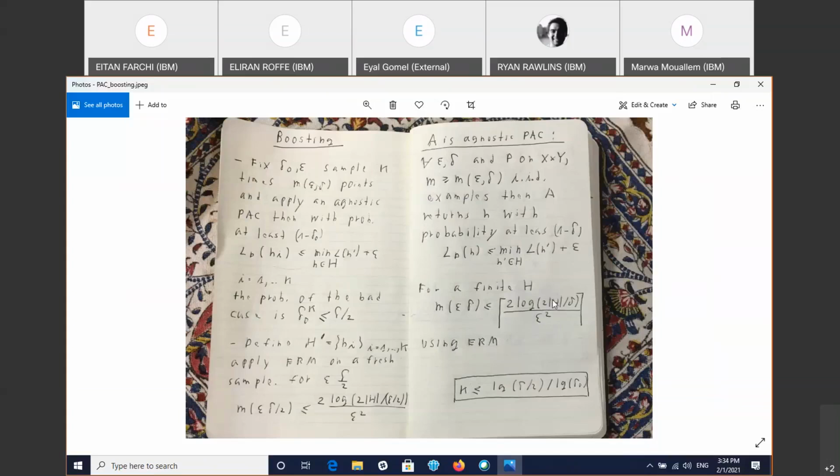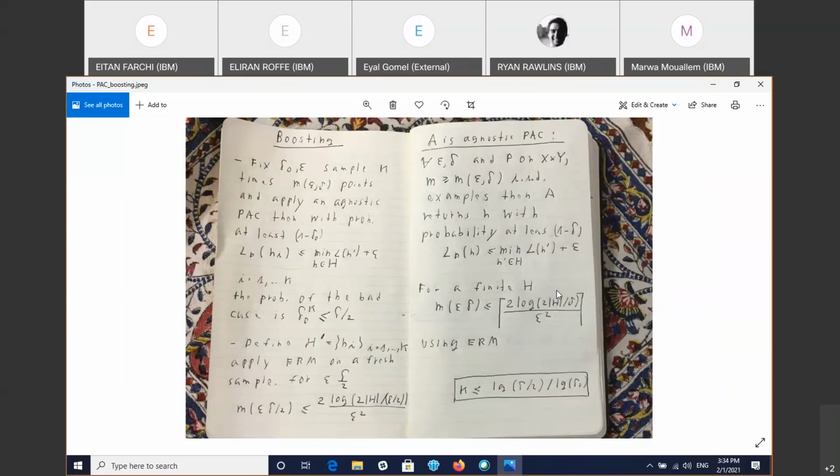The more you want to drive the loss as small as possible, the more data you would need. And if you want the chance of making a mistake to be smaller, the more data you would need. And then the complexity of the hypothesis set determines how much data you need.